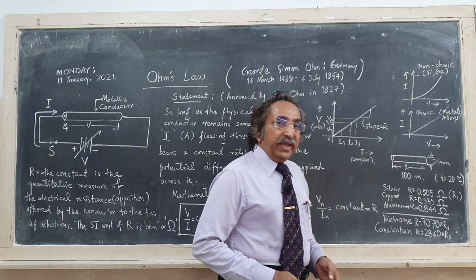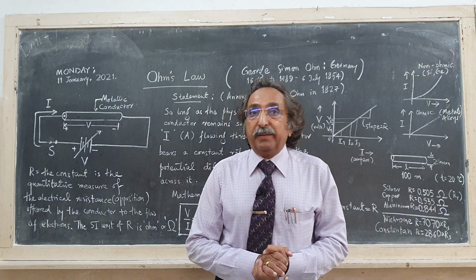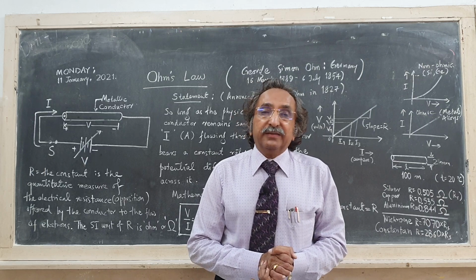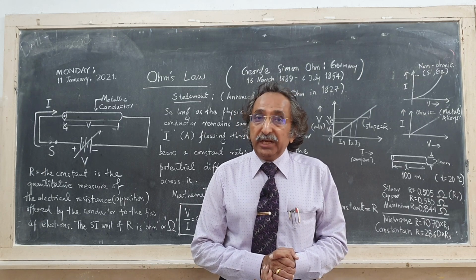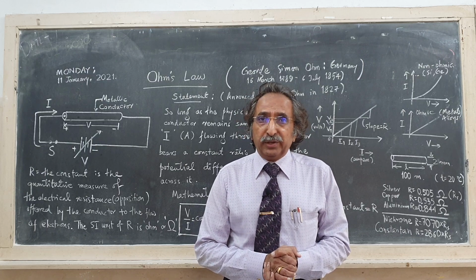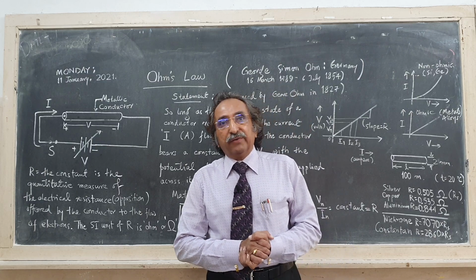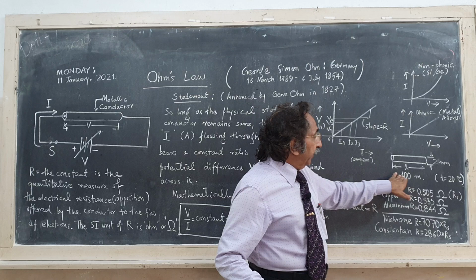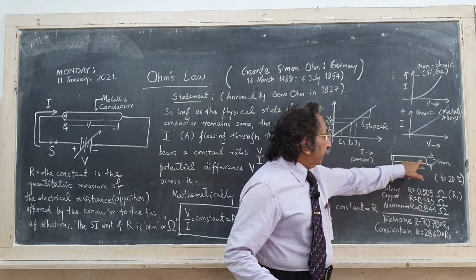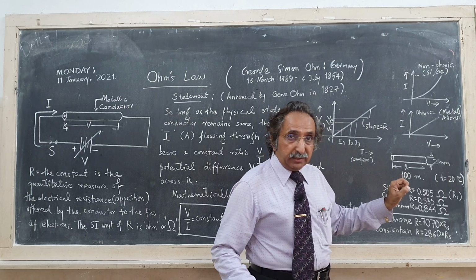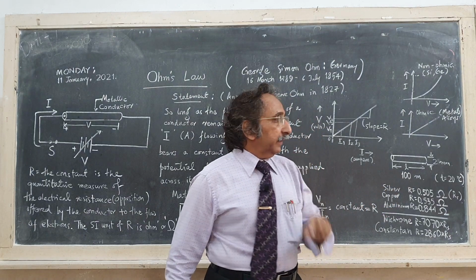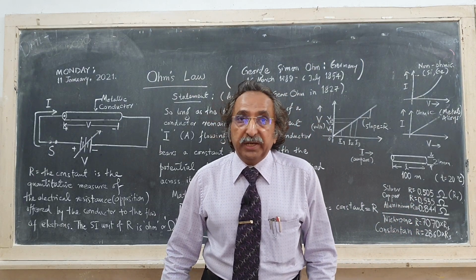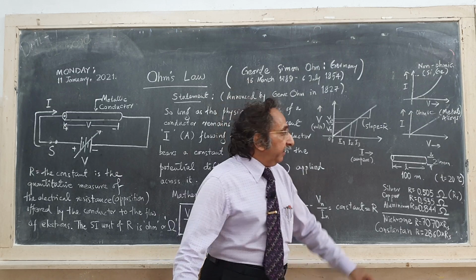Now let us understand the magnitude of resistance of different substances. Pure metals like silver, copper, aluminium have very small opposition or resistance offered to the flow of electrons. If we consider the dimensions as 100 meter length, with the radius of the cross section of the wire 1 millimeter, that means the wire is 2 millimeters thick, then from the data using the CRC Encyclopedia of Physics and Chemistry, we arrive at these values.